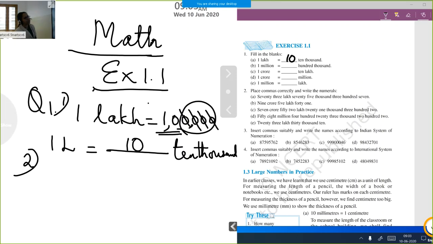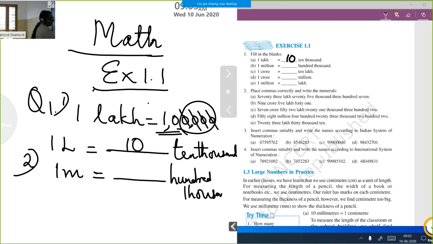Second fill in the blank is, 1 million equal to how many 100,000? So 1 million means, 1 million is having how many zeros, children? 1 million is having 6 zeros.